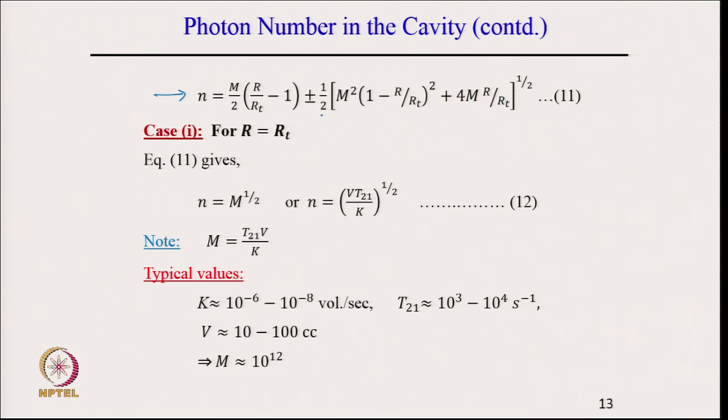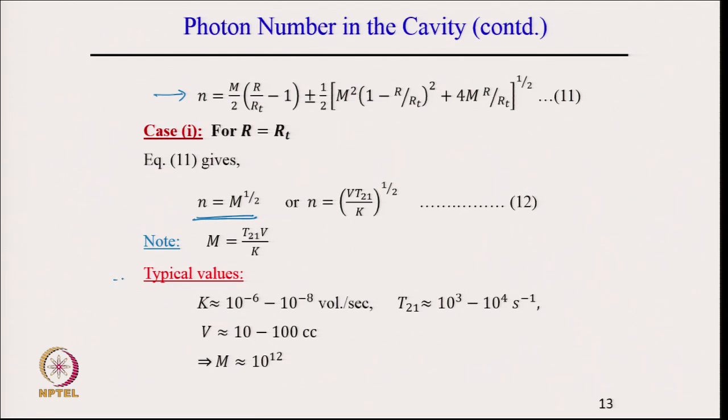There is a half outside; when it goes inside it becomes 4 in the denominator, the 4 cancels, R is equal to RT, that is 1, and therefore we simply have m to the power half. The photon number is n is equal to m to the power of half, where m is V T21 by k.